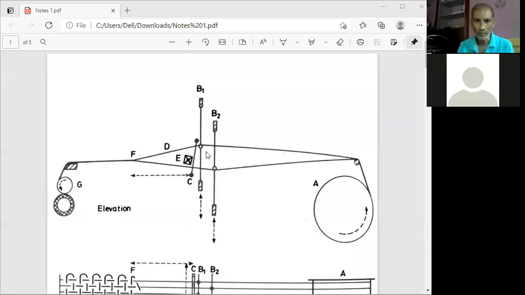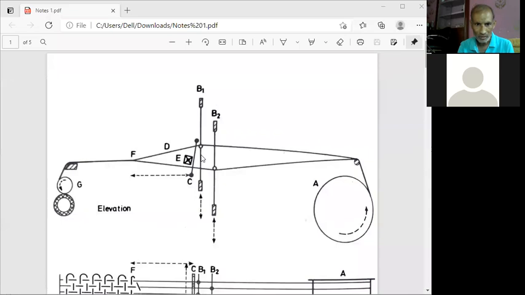B1 is the front heald frame and B2 is the back heald frame. Only two are there. If more heald frames are there, then there will be middle heald frames. The frontmost heald frame is known as the front heald, the rearmost is known as the back heald, and if there are more than two, they will be known as middle heald frames. So B1 is the front heald frame in this case, and B2 is the back heald frame.